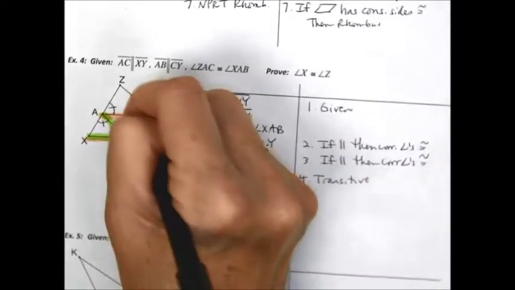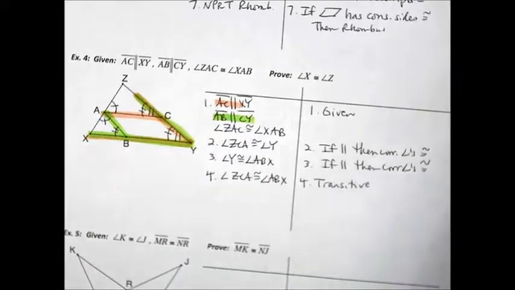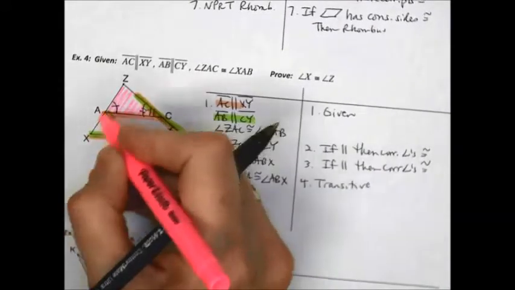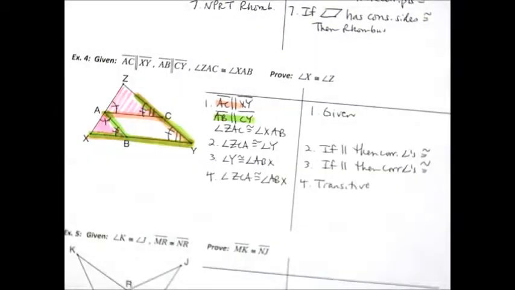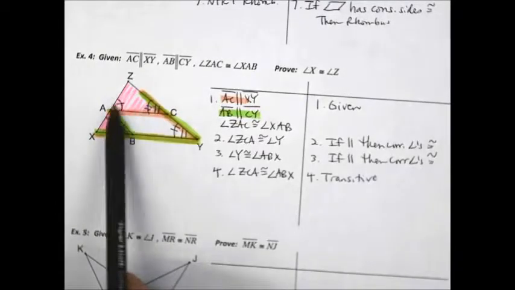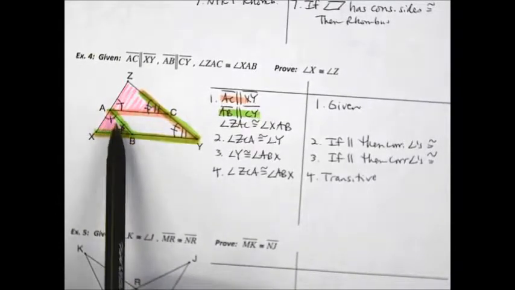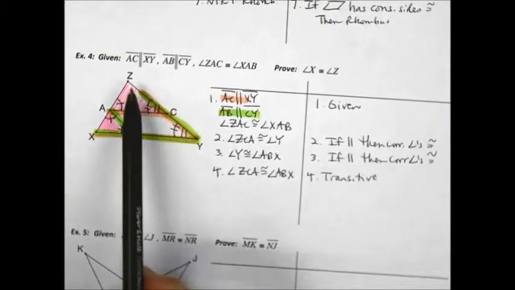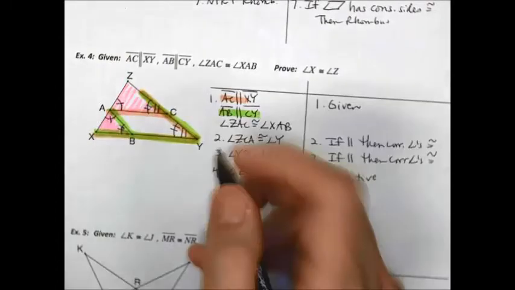So if I put the mark there, now I want you to look at these triangles, at this guy and this guy. All right, and think about what we learned on the previous page. I have two angles in this triangle that match two angles in this triangle. So if two angles match two angles, we learned by the no choice theorem that the third angle should match.